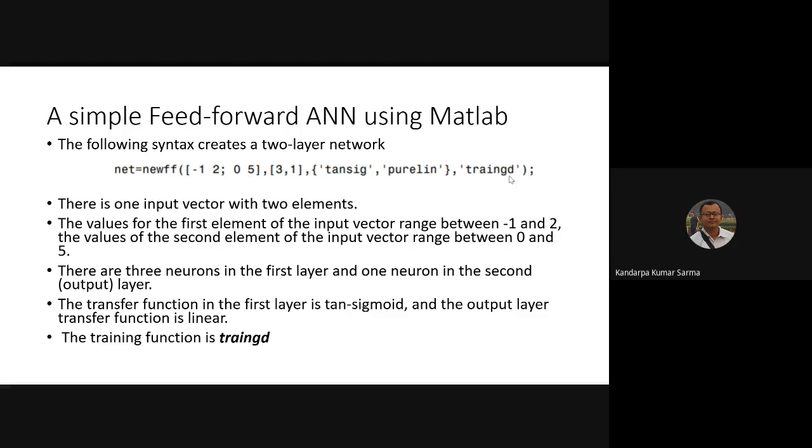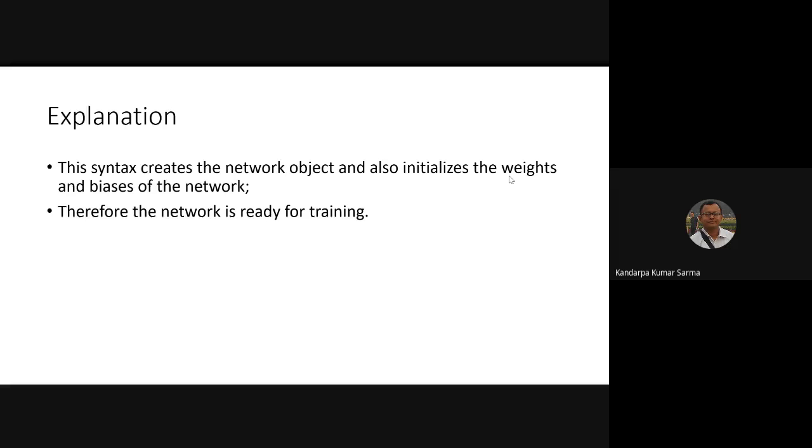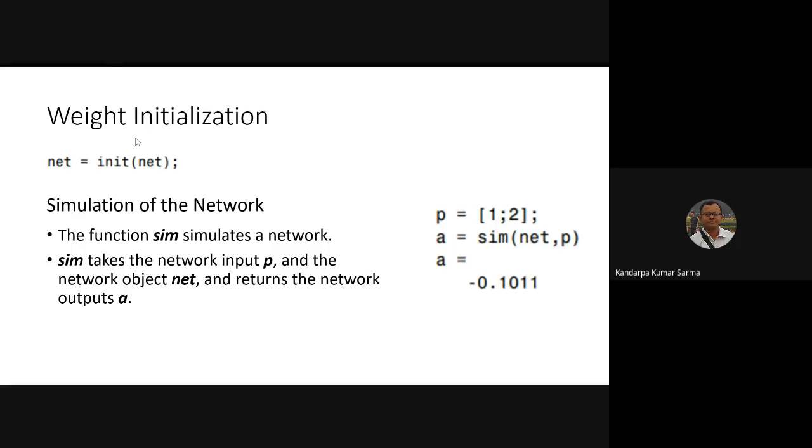Now there are several forms of the gradient descent function that are used in Matlab. Here we find that this particular syntax will create a neural network object or structure and will initialize the weights and biases of the network. This network is now ready for training. We can use the init net function to initialize the weights.